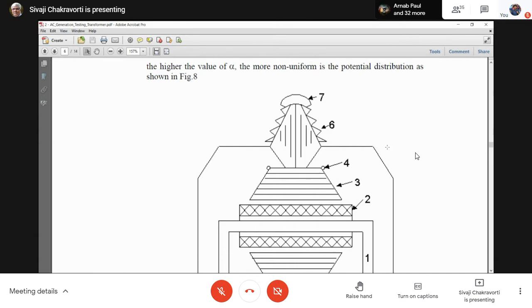Now here I have to tell you one important thing: do you understand the difference between a bushing and an insulator? This is something an electrical engineer should be clear about. That means I can rephrase my question: where do I use bushings and where do I use insulators?